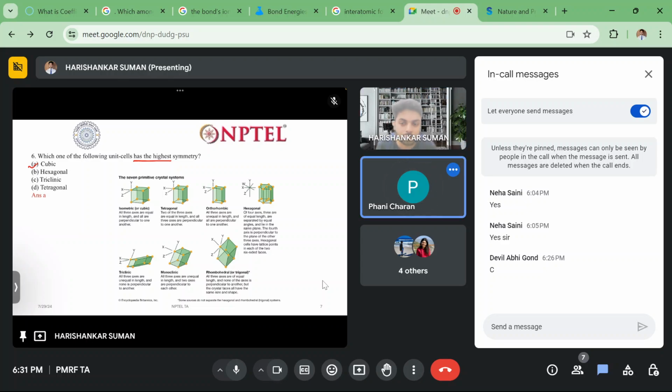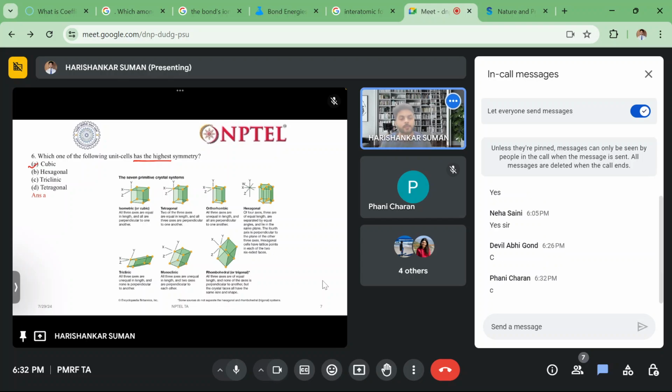You can write in the chat box also. Okay, others.